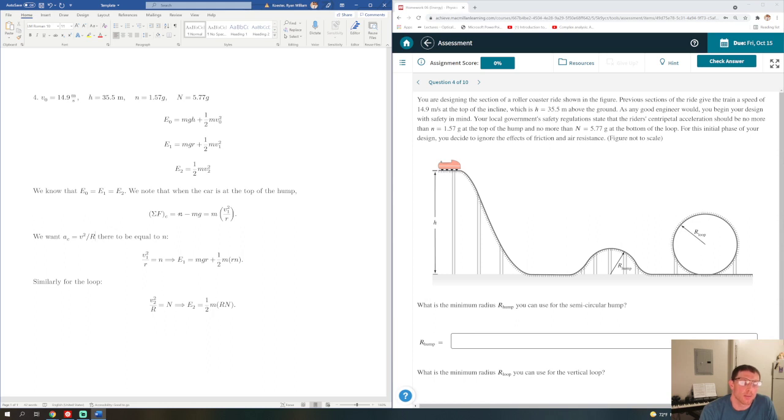And so they're saying that the centripetal acceleration should be at a maximum some multiple of g for the hump and then some other multiple of g for the loop, right? And so we just want to make a substitution that gets what we want to solve for into our equations, is all it comes down to.